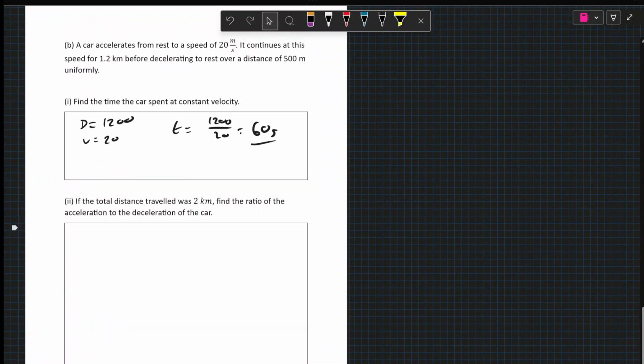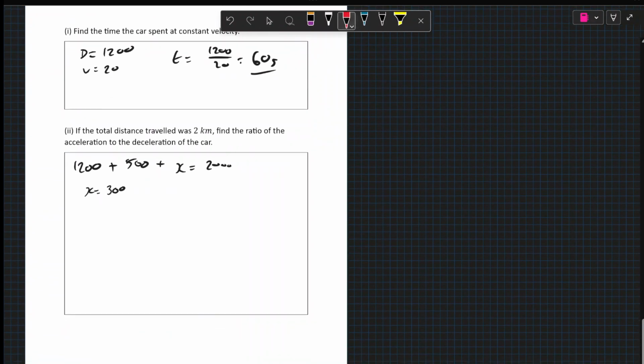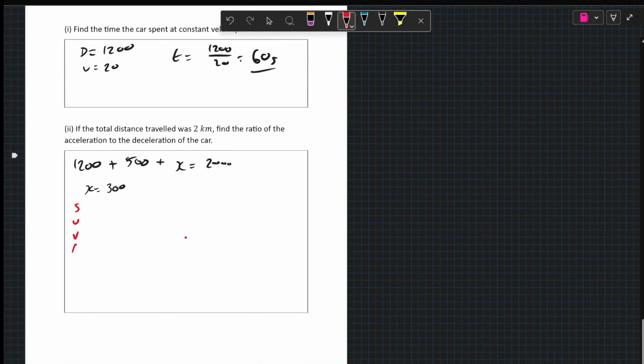So we're told that it's 1.2 at constant speed, then it's 500 decelerating, plus some mystery distance. That's 2,000. So that's 1,700. So we know that the distance traveled accelerating is 300. So a SUVAT table for the acceleration. We know that it traveled 300. It started from rest.